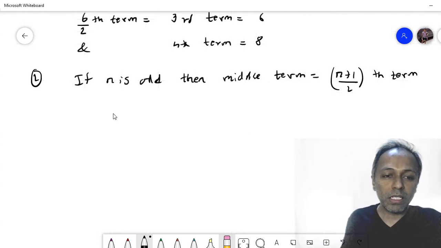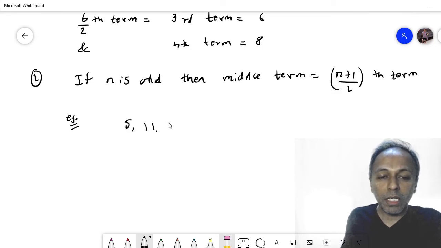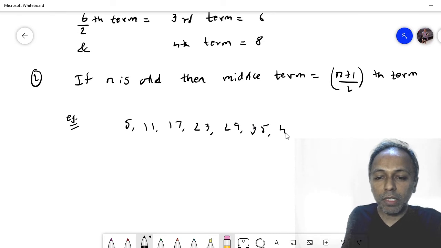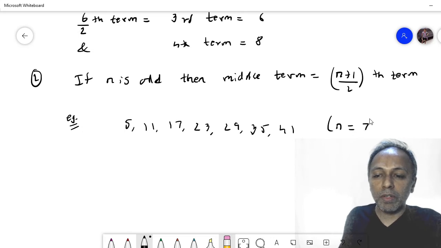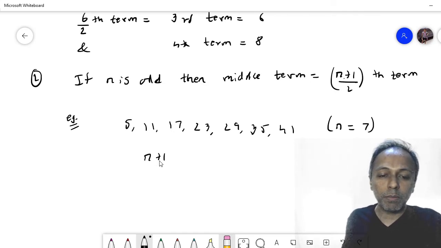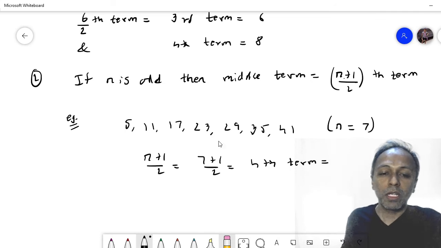And here let us consider an example of an AP like 5, 11, 17, 23, 29, 35 and say 41. Clearly n is equal to 7. There are 7 terms here. We want to find the middle term, so put 7 in place of n here. So n plus 1 upon 2 will become 7 plus 1 upon 2, which is 8 upon 2, the 4th term, and the 4th term here is 23.